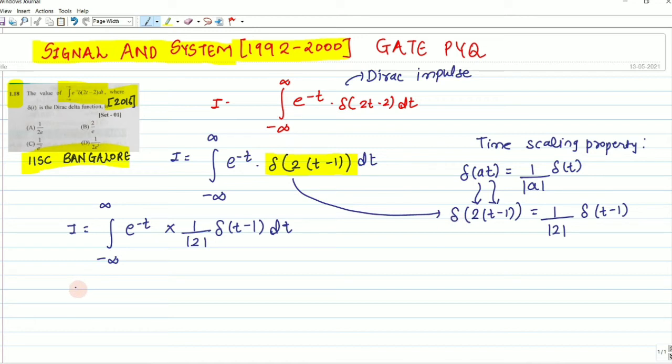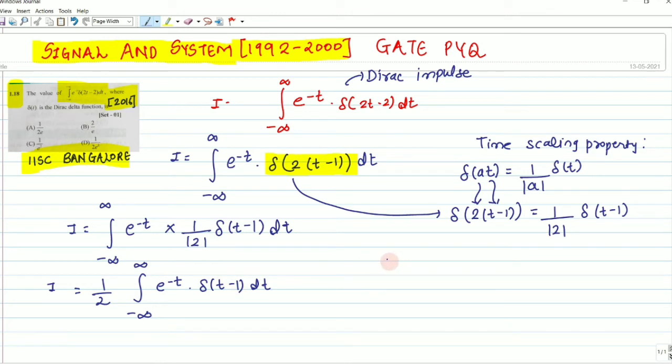We can take 1 upon 2 out of the integration because it is constant. Our integration will become the integral from minus infinity to infinity of e raised to minus t times delta of t minus 1 dt. Understood this part, all of you? We have just further simplified.